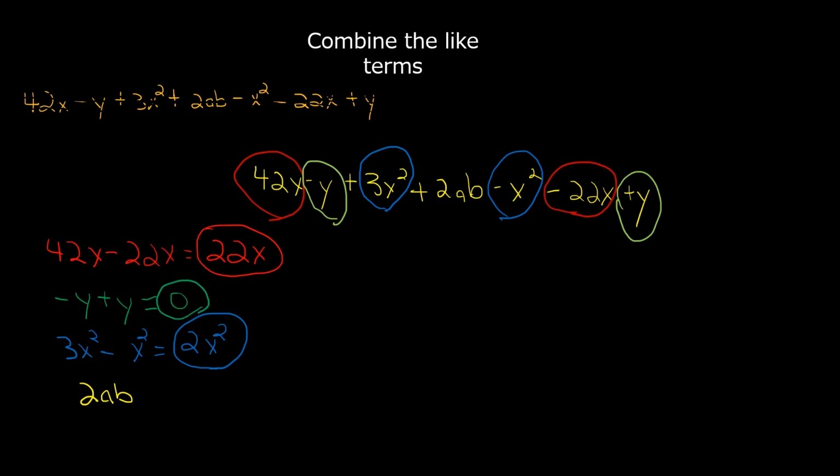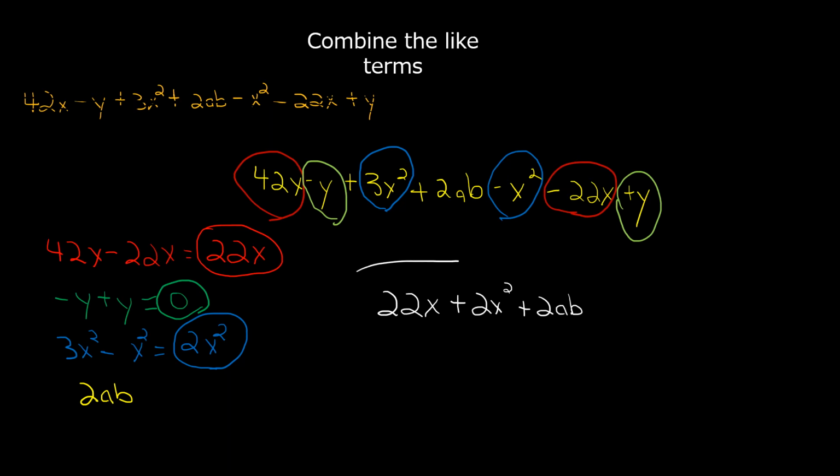So now let's go ahead and write down what we have, which would be the official expression. I'll put it in white. We have positive 22x. We don't have to bring that zero, we can leave that zero out. It's up to you. You can if you want to, but I prefer not to. So we have 22x plus 2x squared plus 2ab.